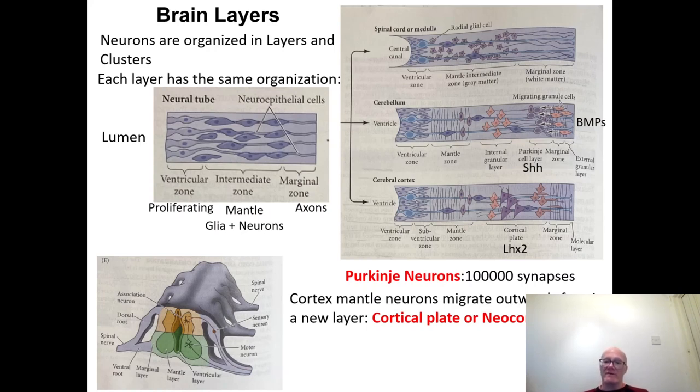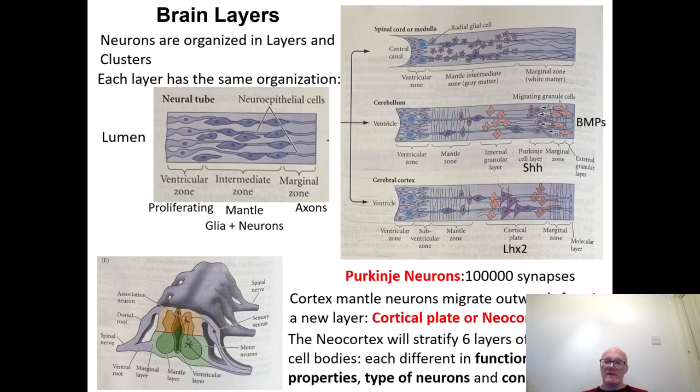What is particularly interesting to notice is that there is not one single layer in the neocortex. In fact, the neocortex is built up of 6 layers in mammals. So it becomes very, very complex, and is one of the reasons why, for example, our brain has the shape that it has.